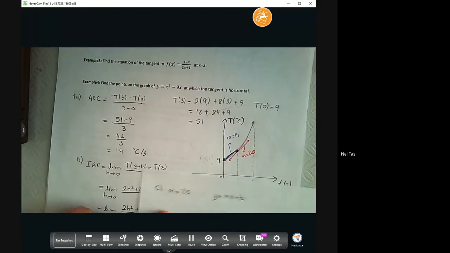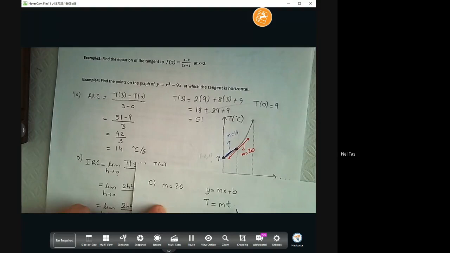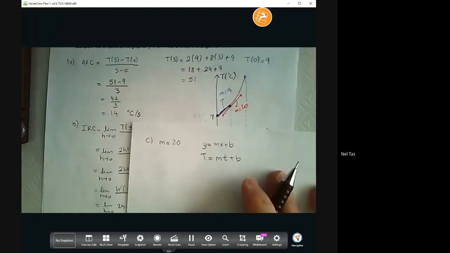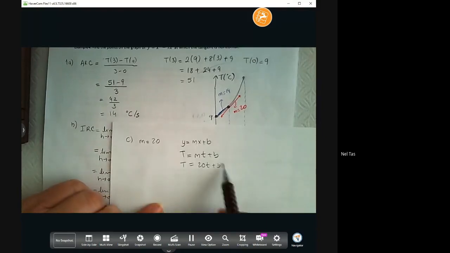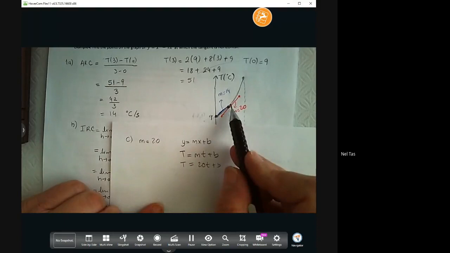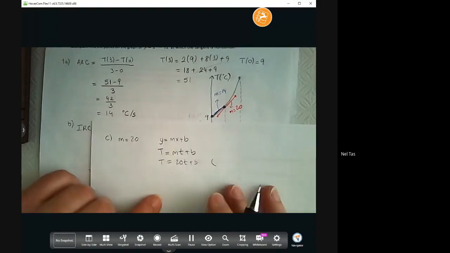In this case, actually, your x is little t and your y is capital T. Okay, and then we have 20 here. So it looks like we need to calculate the b of that tangent. So we need to substitute a point.